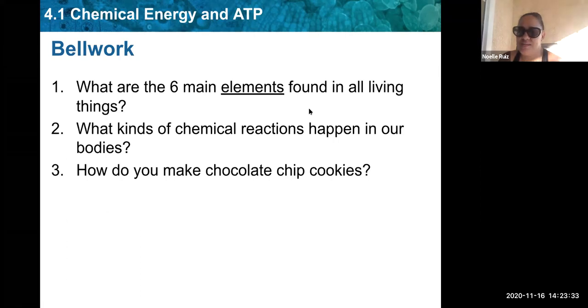What happens in our bodies that is a chemical reaction? What do you guys think? Inside of our bodies, chemical reactions are happening all the time. Passing gas, yep. Respiration, yep, breathing.